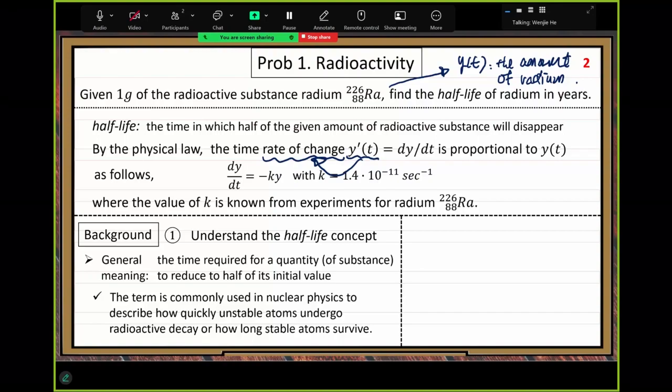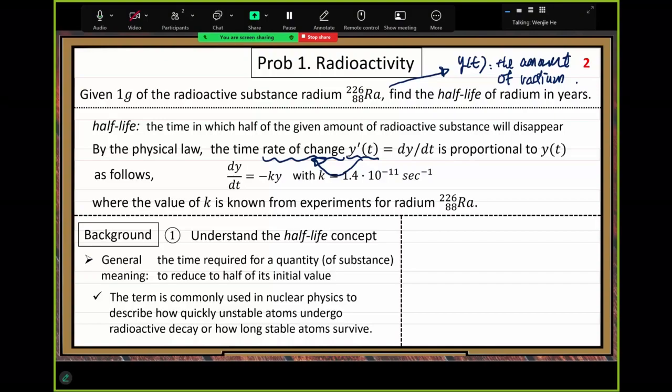So that concept is used in two cases. The first case, unstable atoms. The second case, stable atoms. For stable atoms, we can also use half-life to describe some changing property, how that property changes.